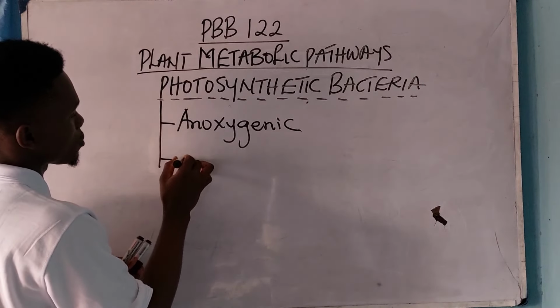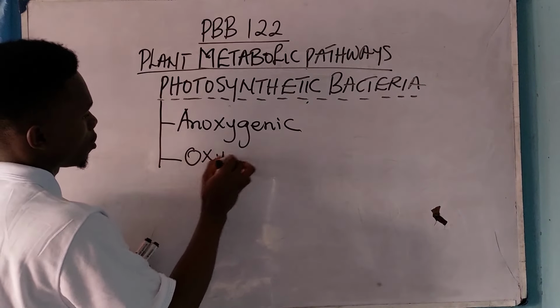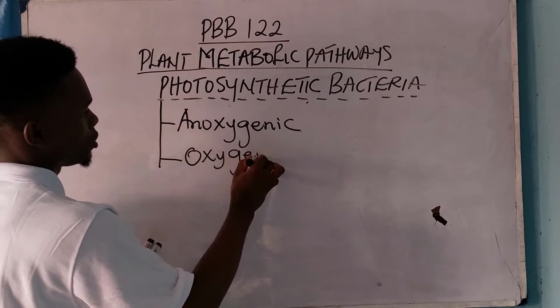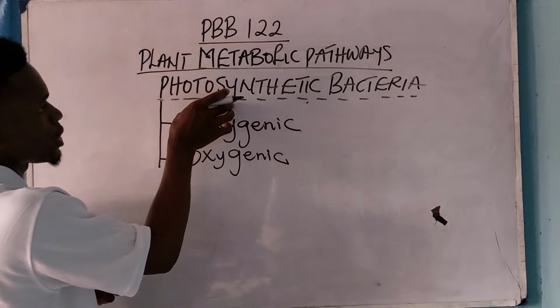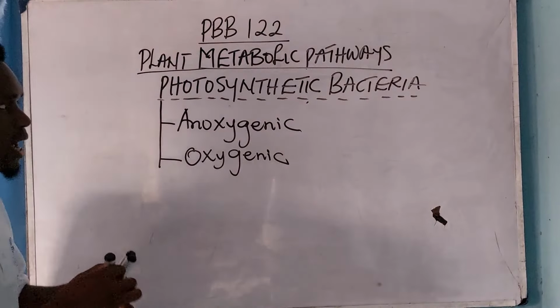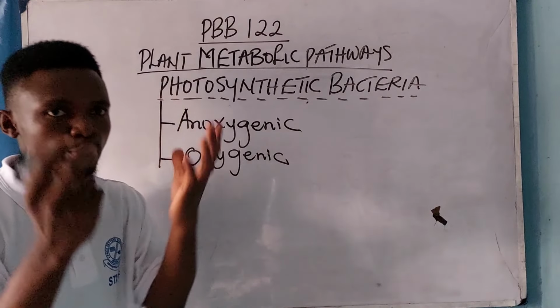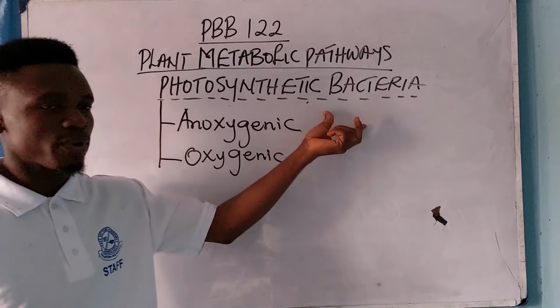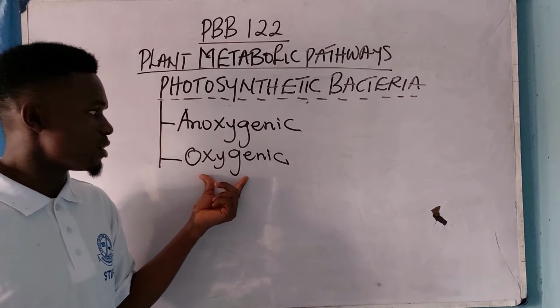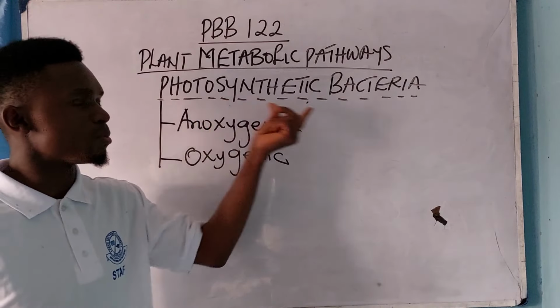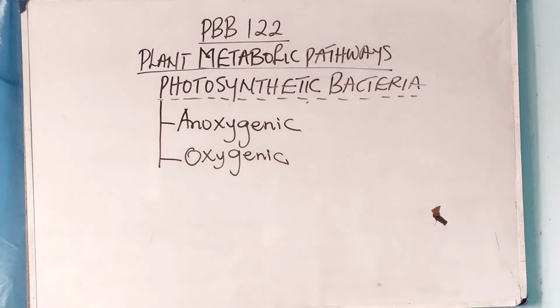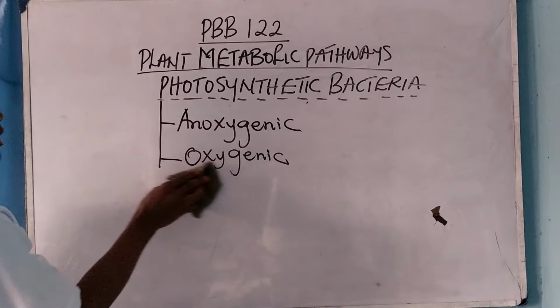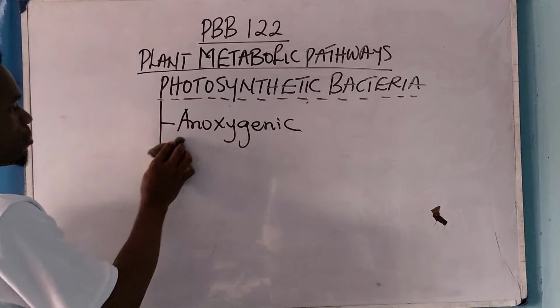And we have the oxygenic photosynthetic bacteria. So these are the two types of bacteria on a broad note: anoxygenic photosynthetic bacteria and oxygenic photosynthetic bacteria. First, let us analyze anoxygenic bacteria.